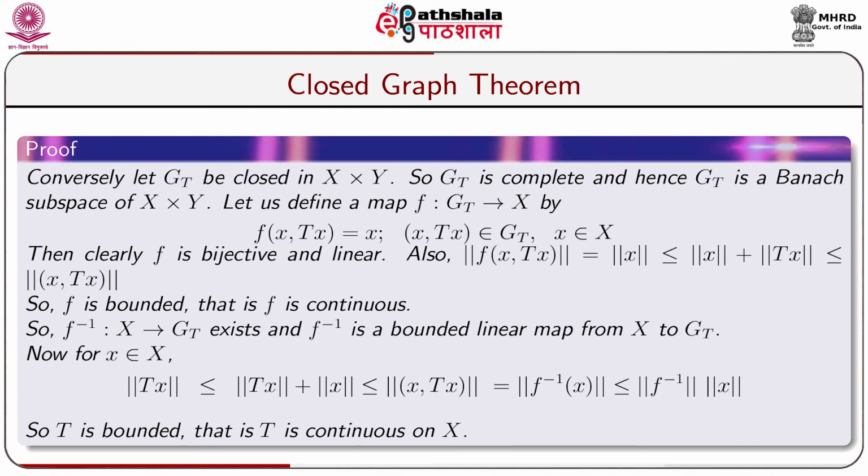Since f inverse is bounded, norm of f inverse x is less or equal to norm of f inverse into norm of x. So T is bounded because we have calculated that norm of Tx is less or equal to norm of f inverse into norm of x. As norm of f inverse is bounded, norm of Tx is bounded and hence T is bounded, that is, T is continuous on capital X.